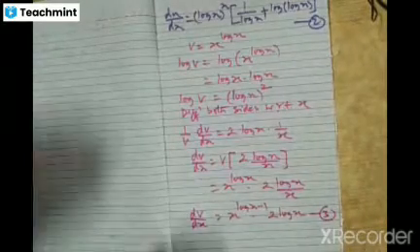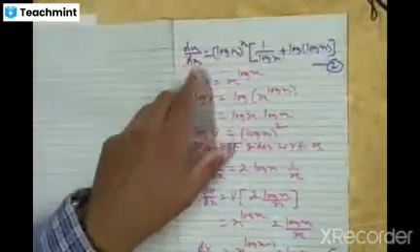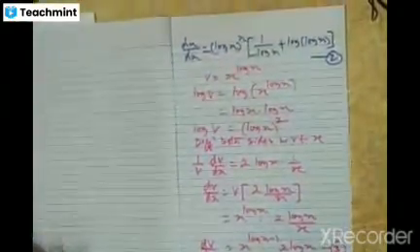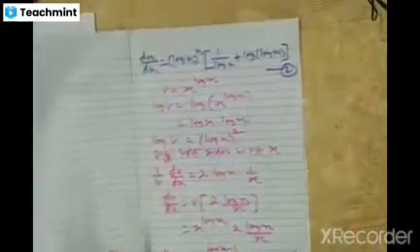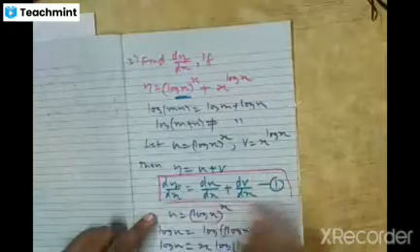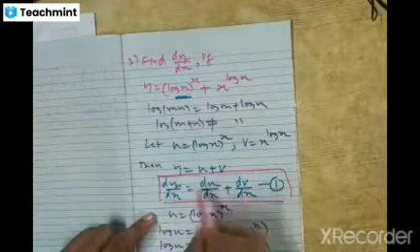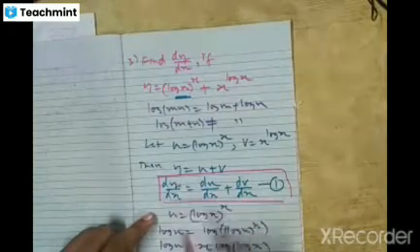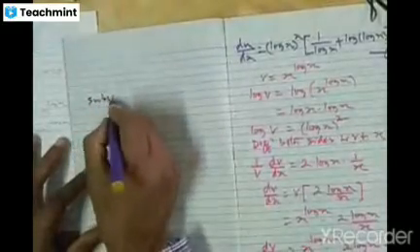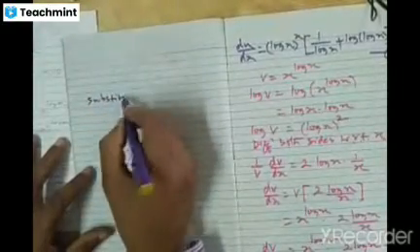Okay, so in the left side of equation 2 we have du by dx. In the left side of equation 3 we have dv by dx. Now use equations 2 and 3 in equation 1, then you will get dy by dx.